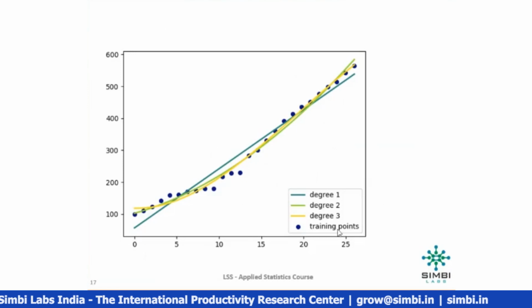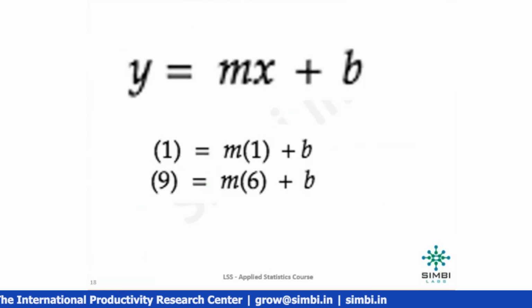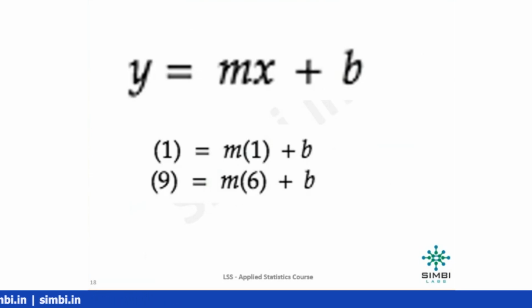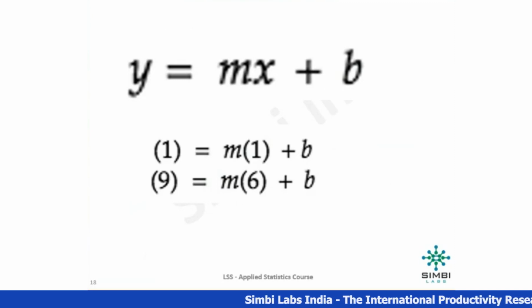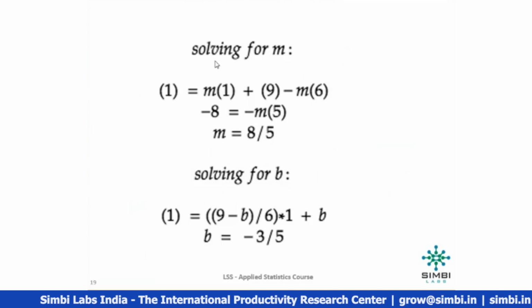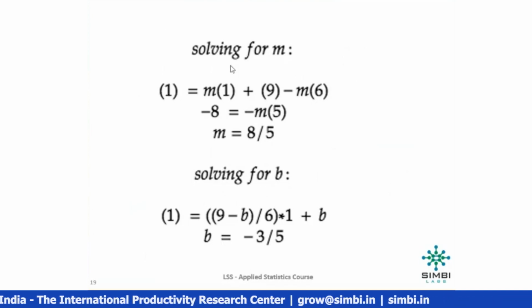Based on this formula, our job is to find the two unknowns m and b in the above line equation. By putting the sample points in the line equation, we can solve for m and b using the substitution method. We solve for the m and b values by substituting the x and y values.